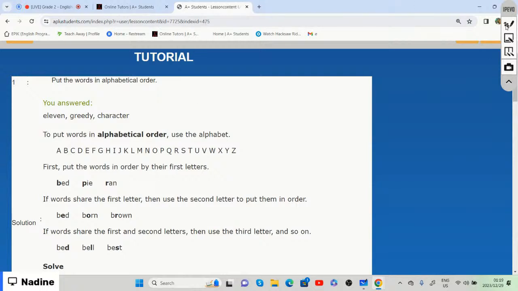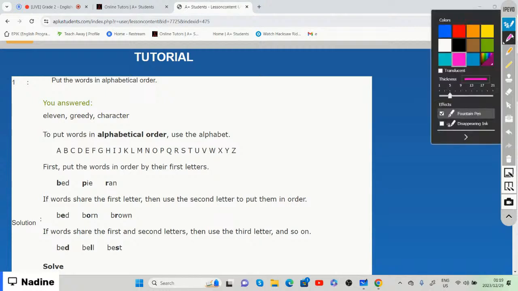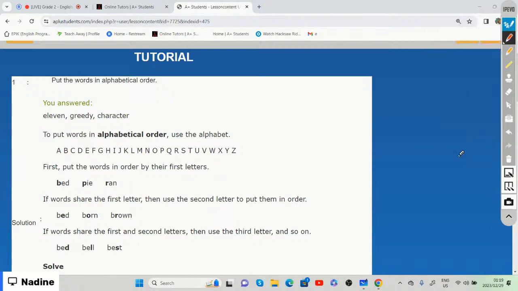All right, so now we're going to put these words in alphabetical order. We need to put the words 11, greedy, and character in alphabetical order. If you look at those words, all three of them start with a different letter, which means that we are going to put those words in alphabetical order by looking at the first letter.